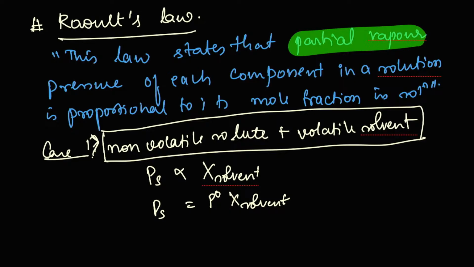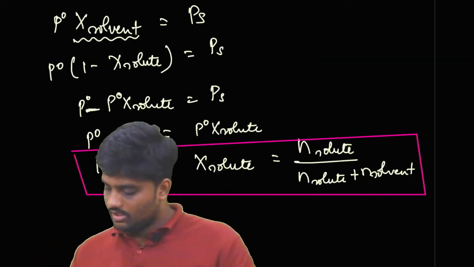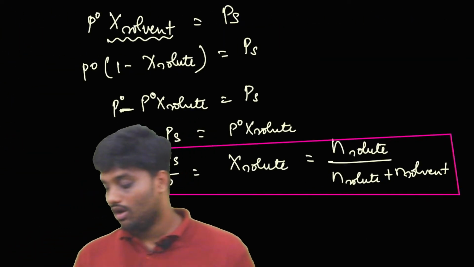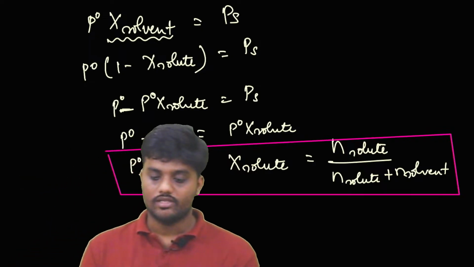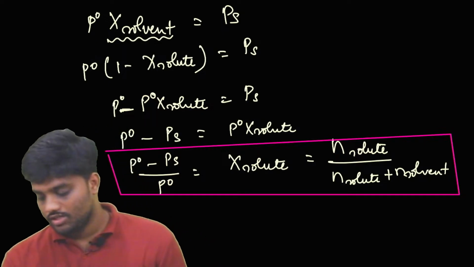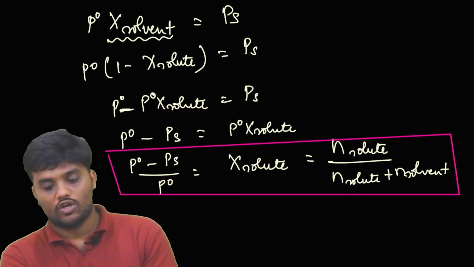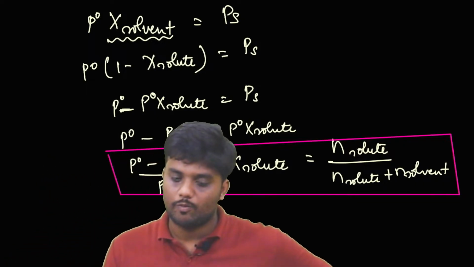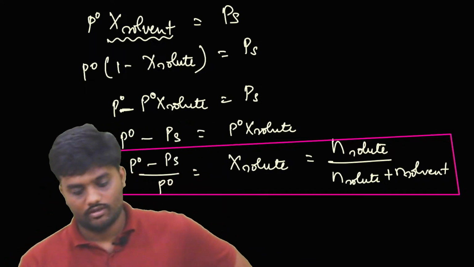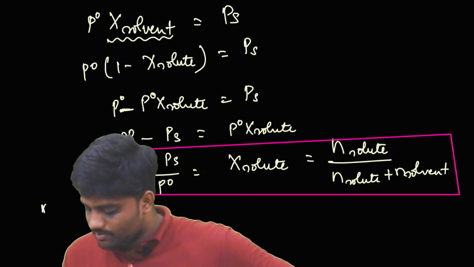Volatile means it is permitted to vaporize. From here P naught times psi of solvent comes out to be PS. P naught minus PS by P naught is equal to the mole fraction of the solute, which is equal to moles of the solute upon moles of the solute plus moles of the solvent.